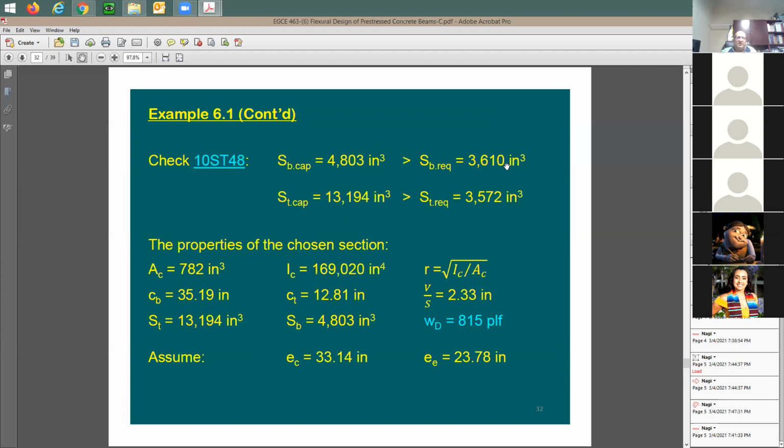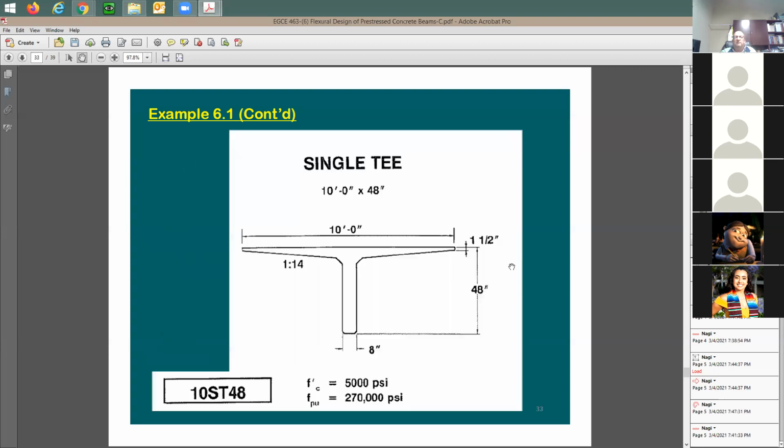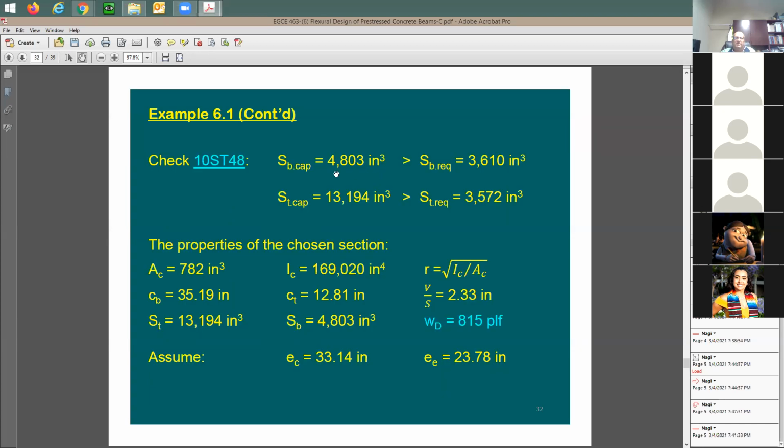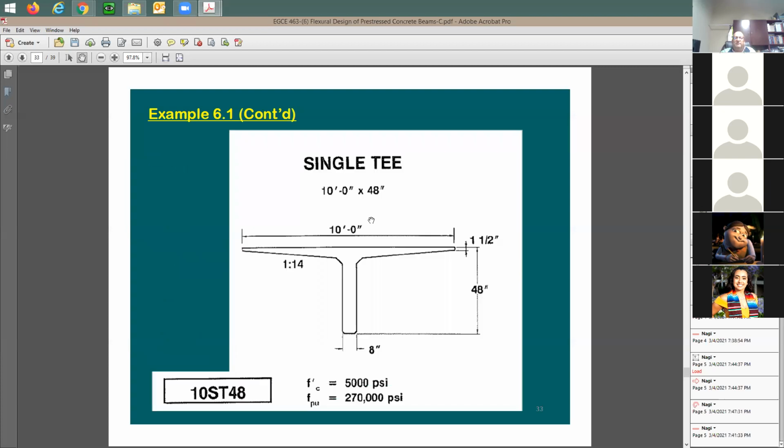When you say here 36 versus 48, you have good room. But when we come to the top, it just happened that we have plenty of section modulus here. And look at the section here because you have this big flange. The good thing about this big flange is that you can drive or walk or use it, right? This is going to be like the final deck that you're going to be using. This is the reason that S top here is really high compared to S bottom. I mean, it makes sense, right? But you said this is going to be good. Cost is going to be okay.